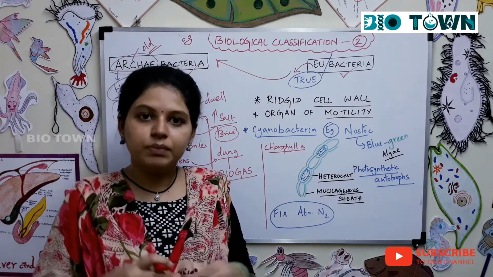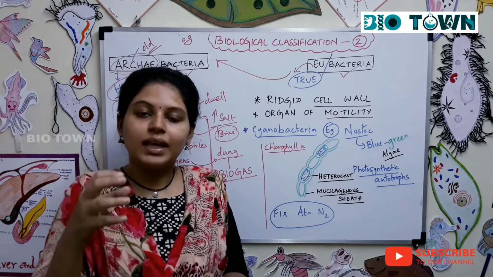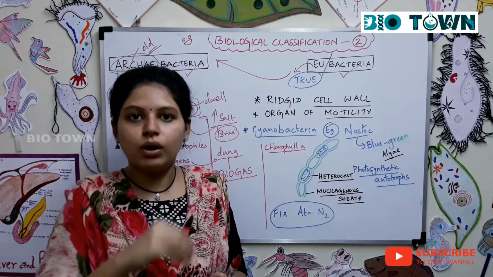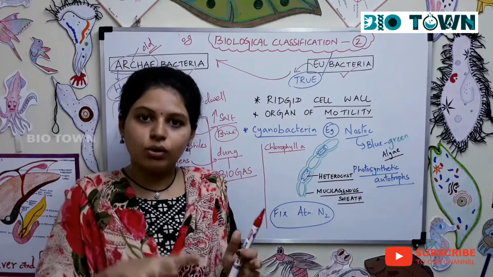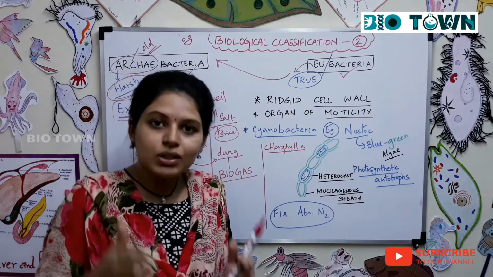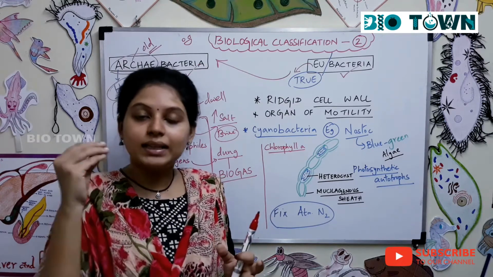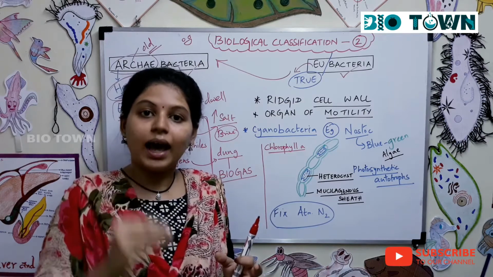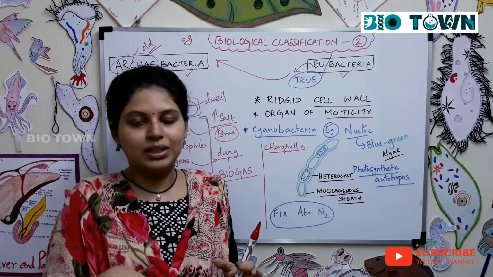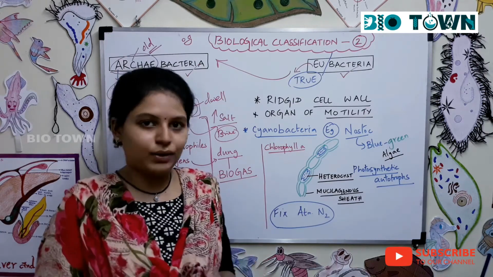In the pickling process, they add vegetables or fruit, whatever you want to pickle, inside a solution rich in salt content. That is called brine solution. These bacteria have the capability to dwell in such brine solution. So that's why even pickles are sometimes spoiled by microorganisms.